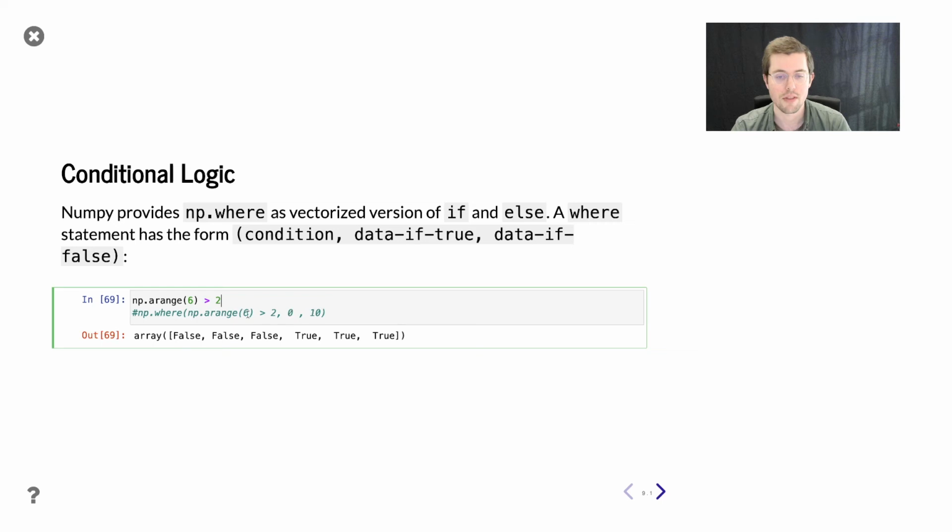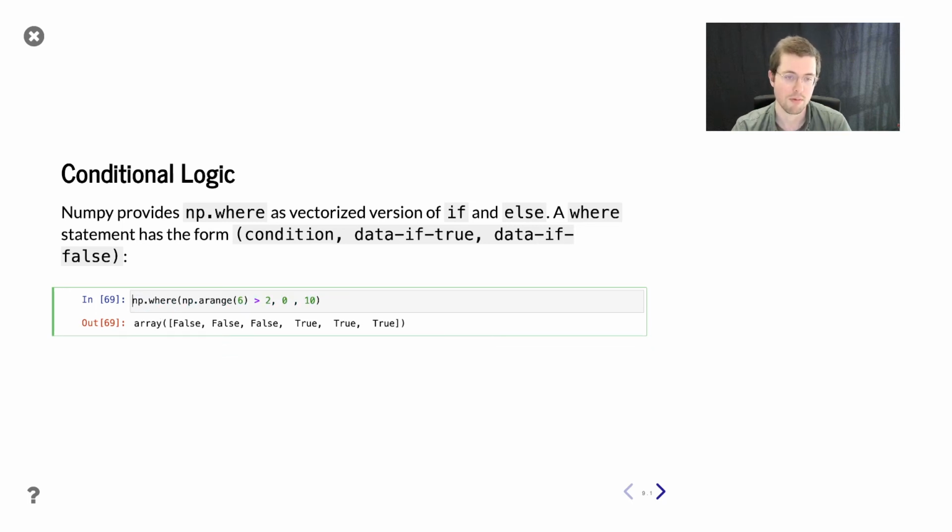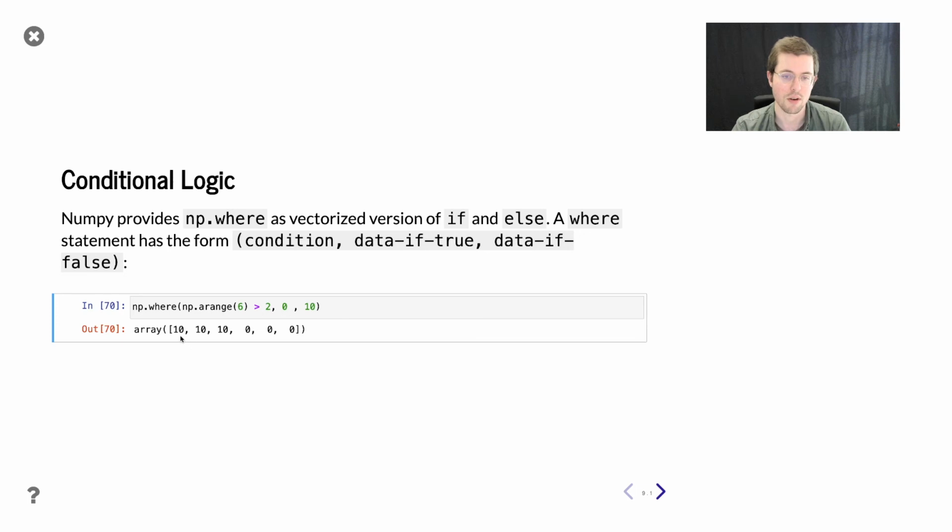And now if this array evaluates to false, which is our condition, we want to insert a 0. And if it evaluates to true, in the last 3 cases of our condition, we want to insert a 10. So if we run this, we get a value of 0, 0, 0, which is the data if this evaluates to false, and 10, 10, 10, which is the data if this evaluates to true.